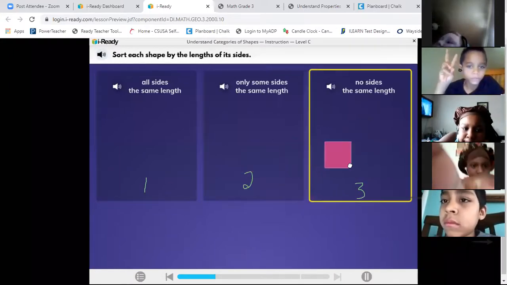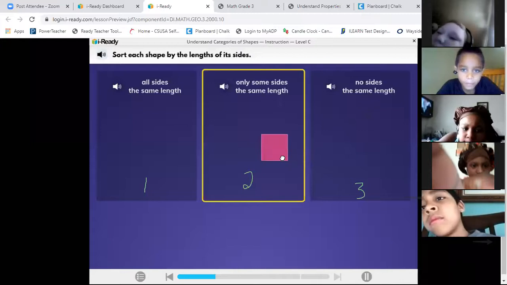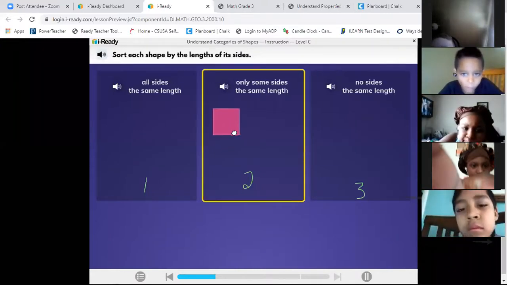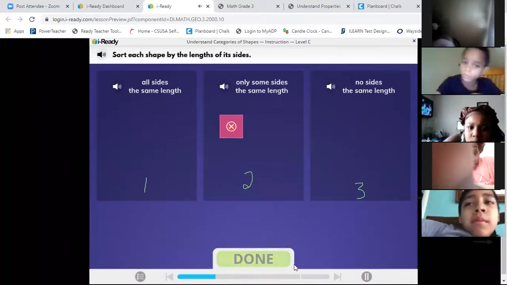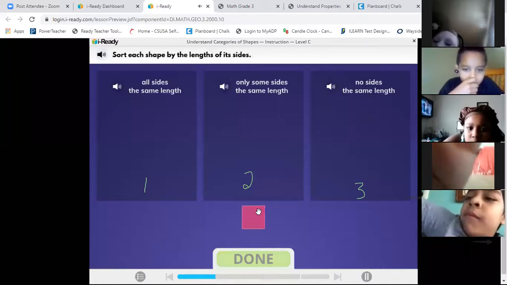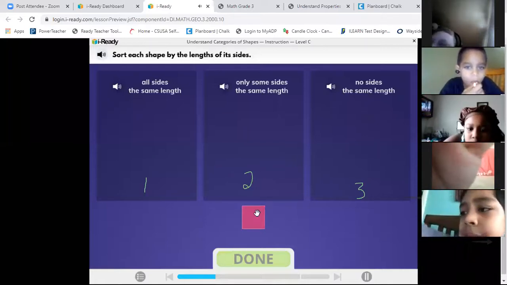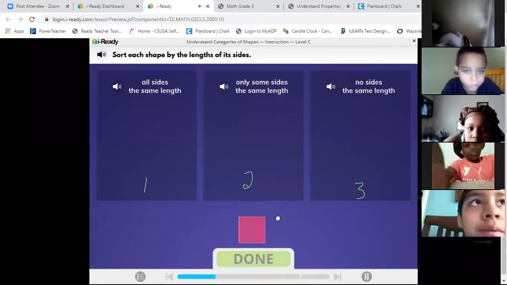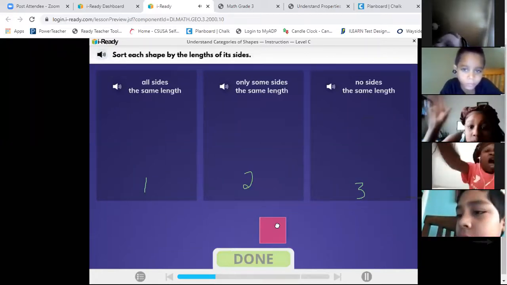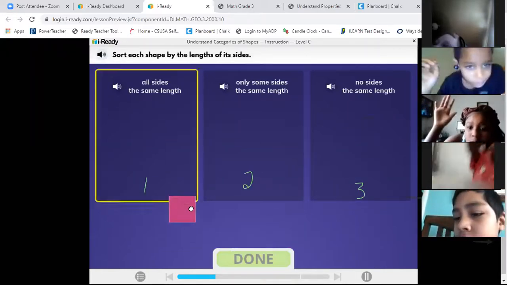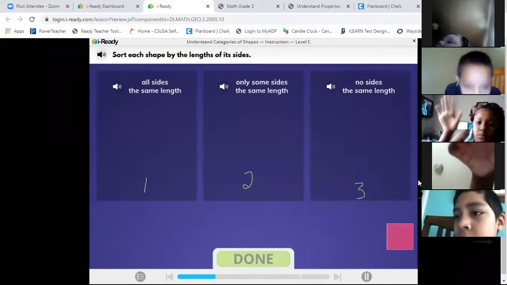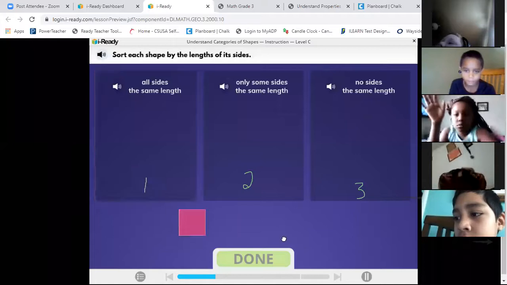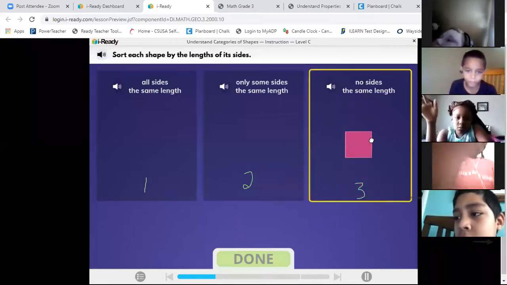I picked 2. So you think only some sides on the square have the same length? Not quite. Remember, what have we always said about squares? Are they all the same length or none of them are the same length? Look at the square.